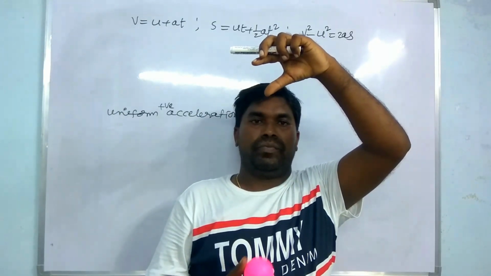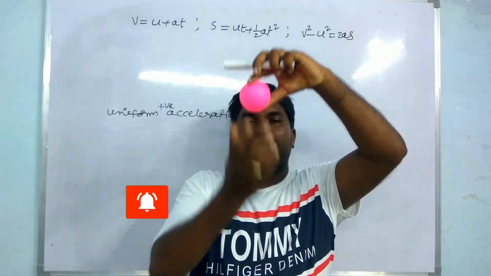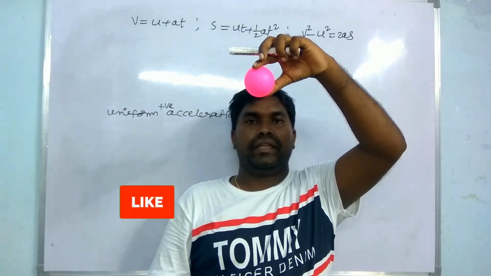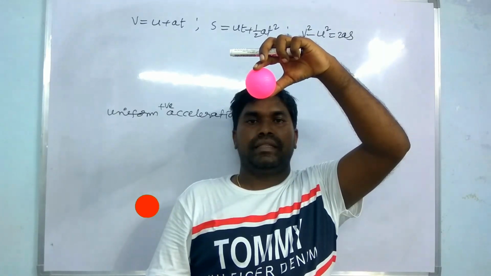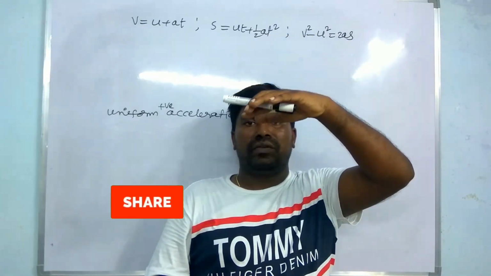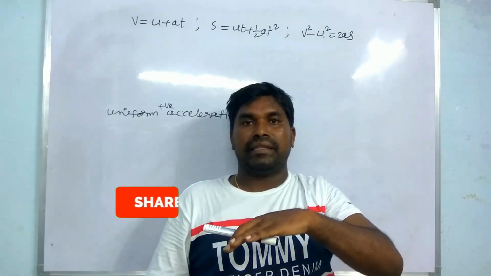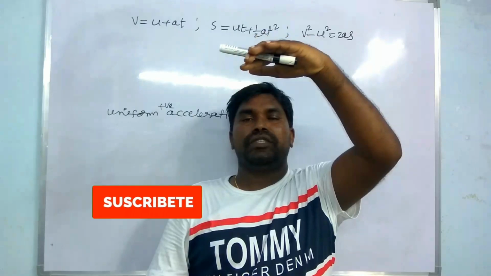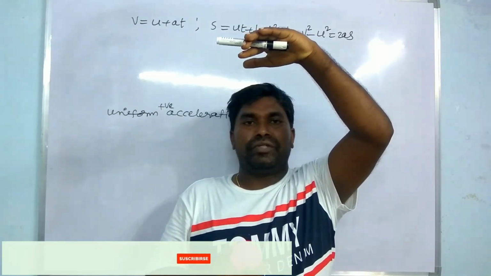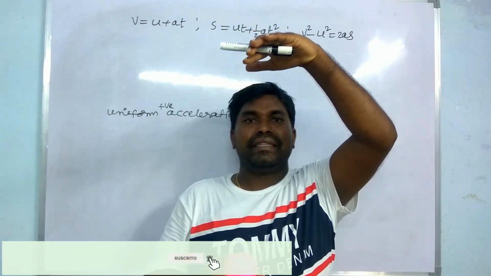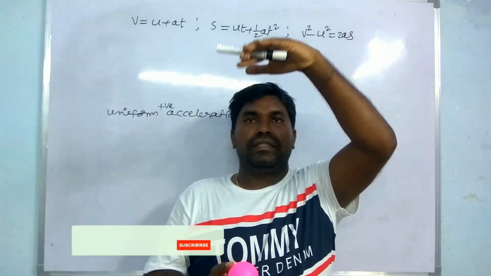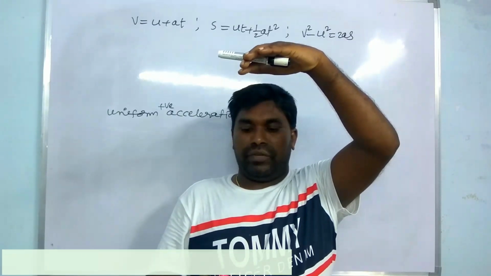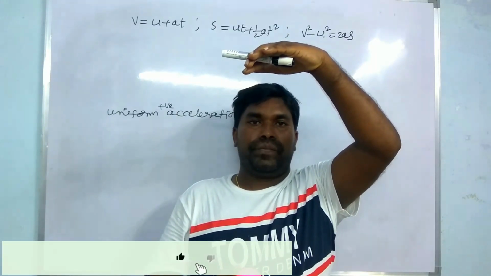At the starting point, the initial velocity is equal to 0 in case of a freely falling body, and as the body moves down to the earth, the velocity increases. So this is 0, and this is not equal to 0. Here there is some velocity. This is 0 velocity at the top, the initial point. At the final point it is not equal to 0.